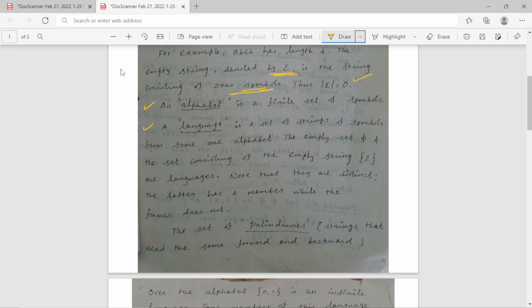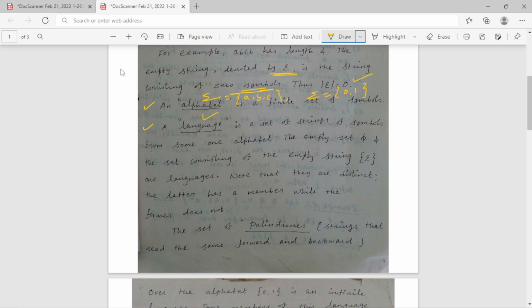Next we move on to an important thing, that is alphabet and language. An alphabet is a finite set of symbols, which is usually denoted by sigma. Sigma may consist of a set of symbols in terms of letters like a, b, c, or it can take digits too, the set 0, 1, 2 or 0, 1, whatever that may be. So an alphabet sigma is nothing but a collection of symbols.